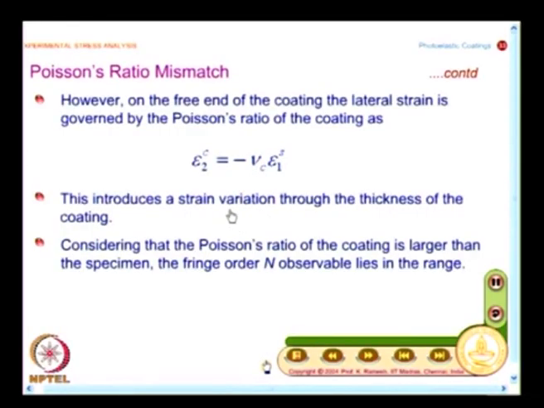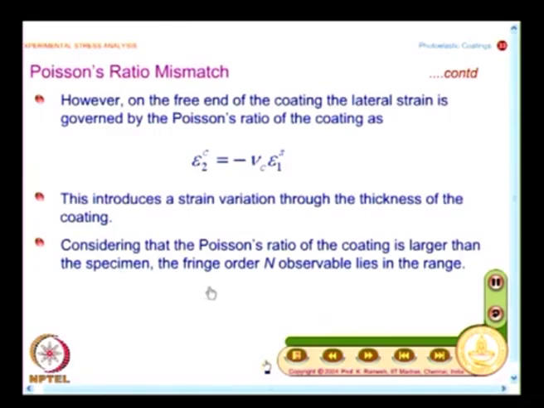And people have done studies and then looked at what way one has to consider this, in which region Poisson's ratio is important, and for all this we have also seen from the material property that Poisson ratio of the photoelastic material are in general larger than the specimen material, if you are looking at metallic specimens.